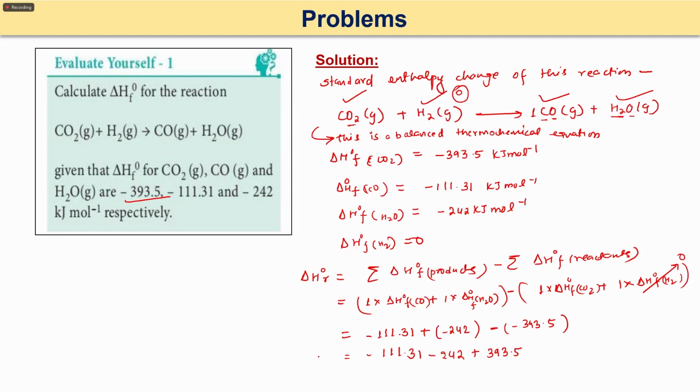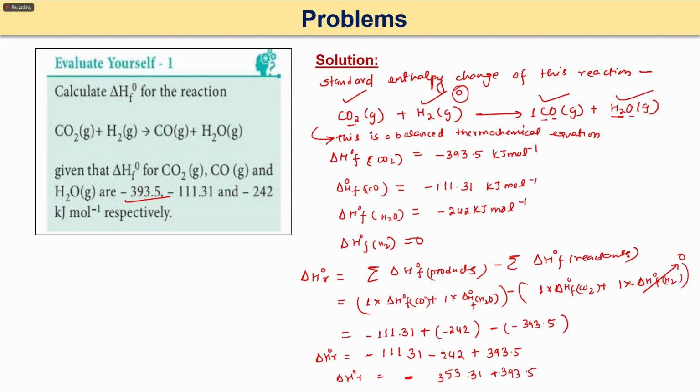Okay, so if we calculate this, what will it become? Let us add it. Minus minus will become plus, but again the sign will become minus. So it will become 353.31 plus 393.5.